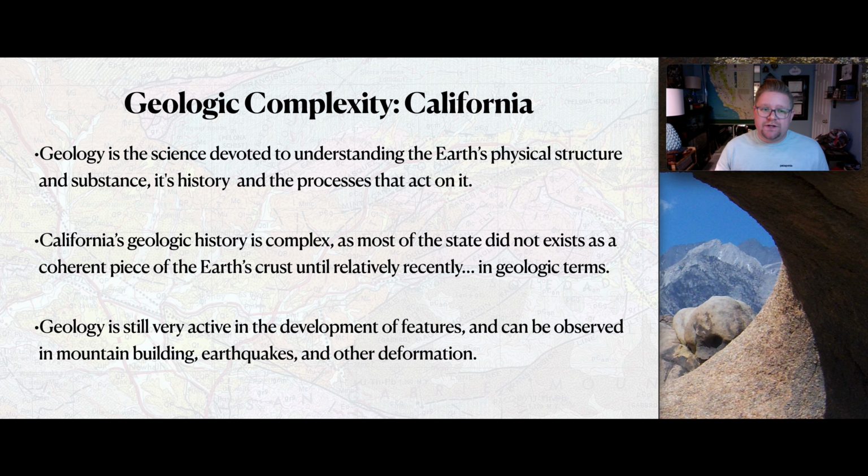California's geologic history is very complex, as most of the state did not even exist as a coherent piece of the Earth's crust until just recently, geologically speaking, that is. Geology is still very active in the development of features and can be observed in mountain building, earthquakes, and other deformation across the landscape.